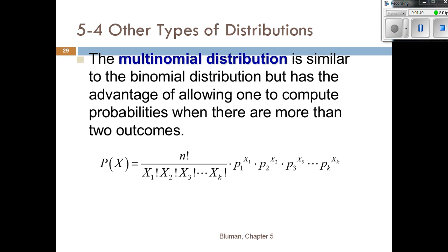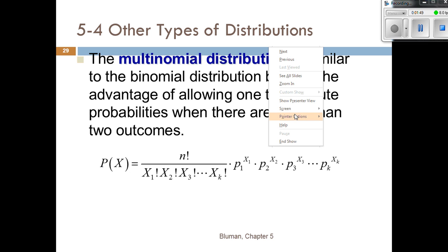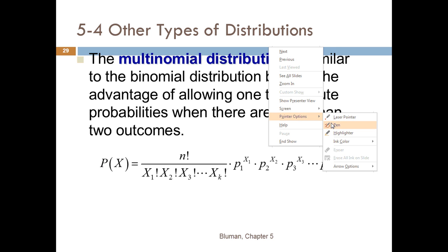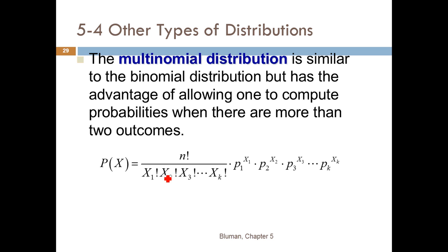Okay, so here's the formula. You've got a lot of variables in there, a lot of numbers. It might start to scare you right away, but don't let it. What you have to think of here is these x's, this x1, x2, x3, xk, meaning however far you go, these are just different items. And this is how many different ways that item can happen.